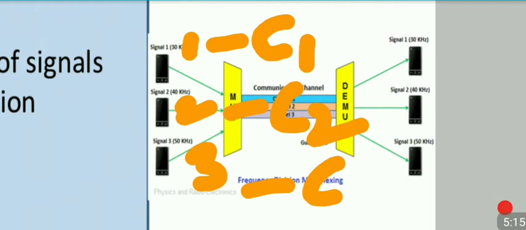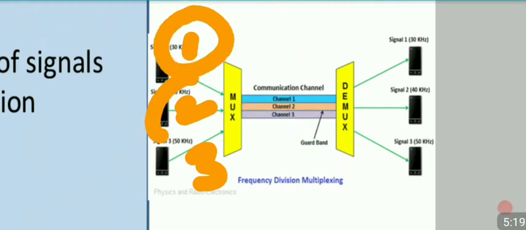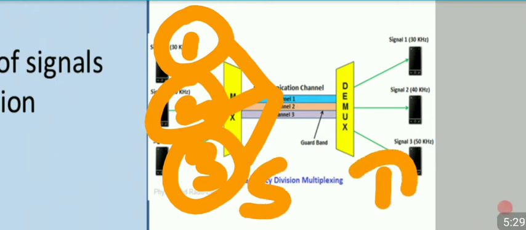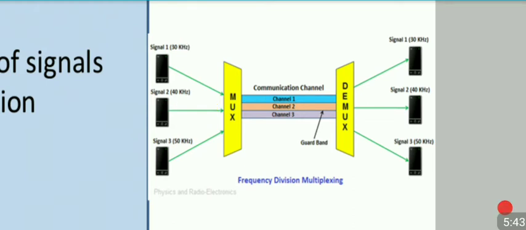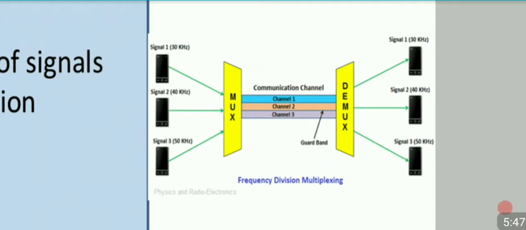Then we add these three signals into one channel and make a composite signal, which is transmitted from source to destination. When we have done the modulation and then the multiplexing, the signals are not going to interfere. This is the advantage of modulation in multiplexing. For multiplexing also, modulation is required.